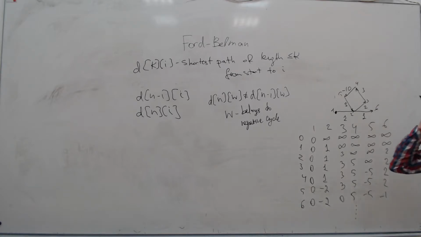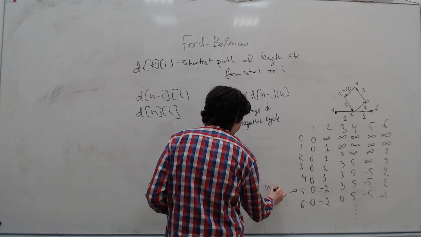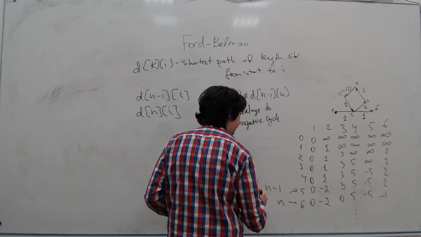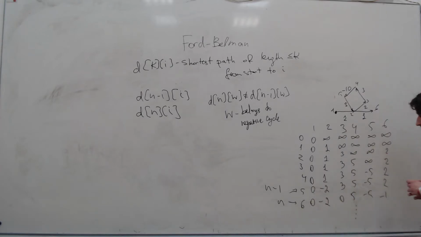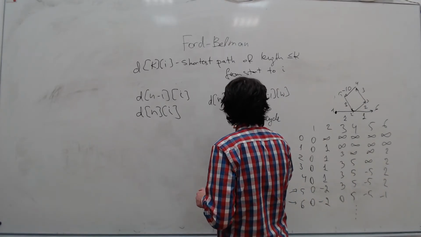So this is n-1, and this is n. You can see that between n-1 and n, we have 2 vertices with a different value. Okay. Not exactly that W belongs to a negative cycle.